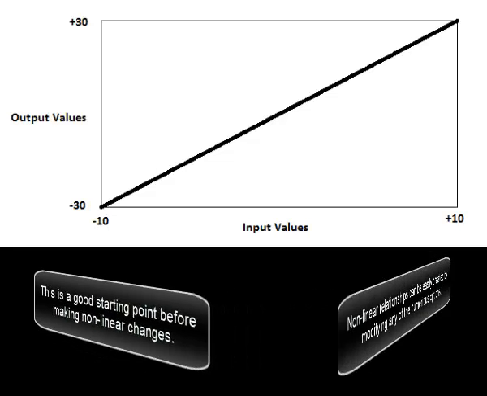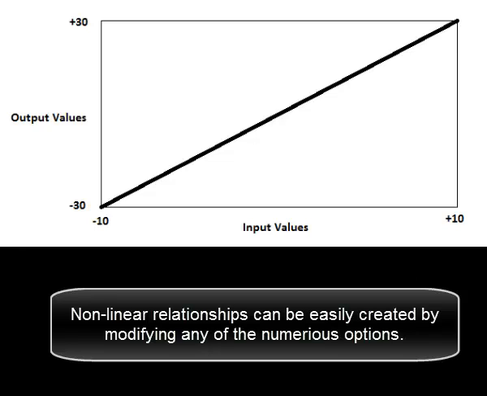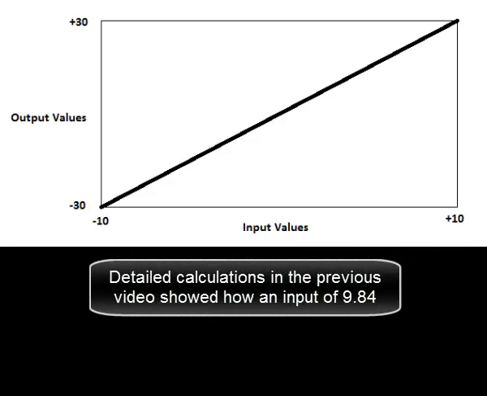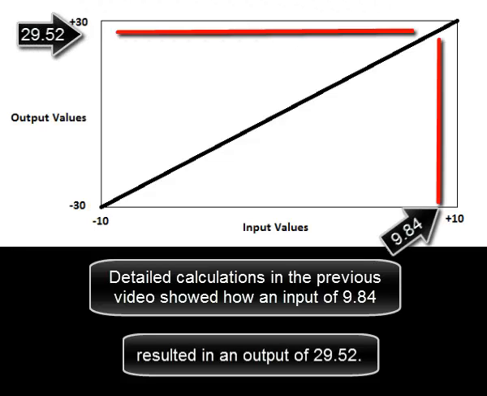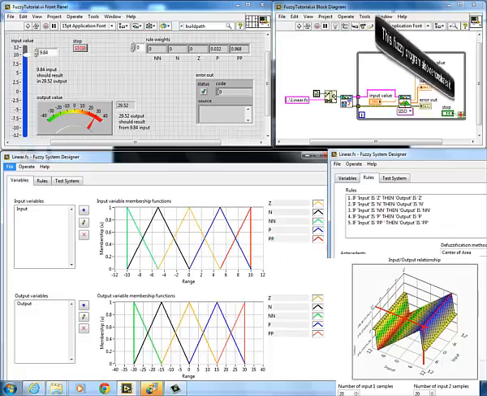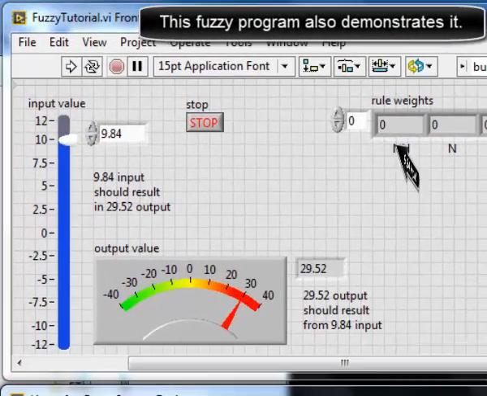Nonlinear relationships can be easily created by modifying any of the numerous options. Detailed calculations in the previous video showed how an input of 9.84 resulted in an output of 29.52. This fuzzy program also demonstrates it.